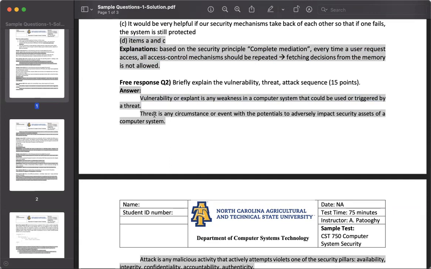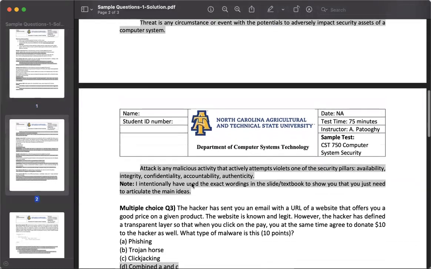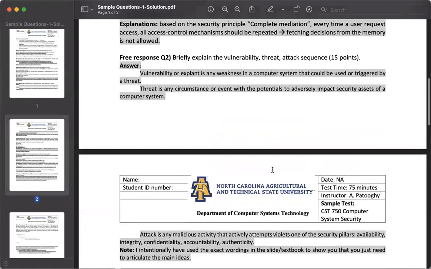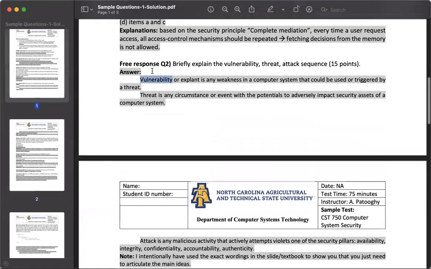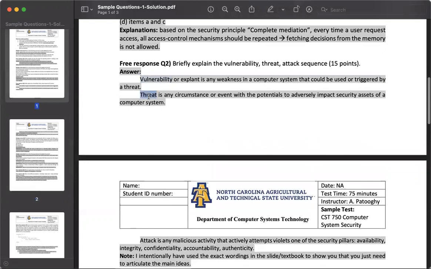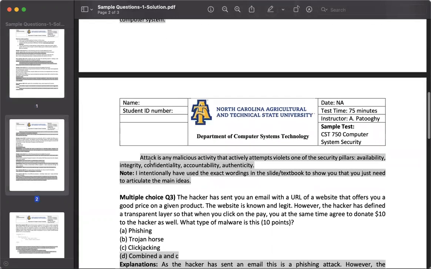Then we eventually apply that scenario in order to violate one or some of the security pillars. So that's how the chain is completed. You first find a vulnerability, then define a threat based on that, and then you apply the threat, which is basically attacking the system in order to break some of the security pillars.